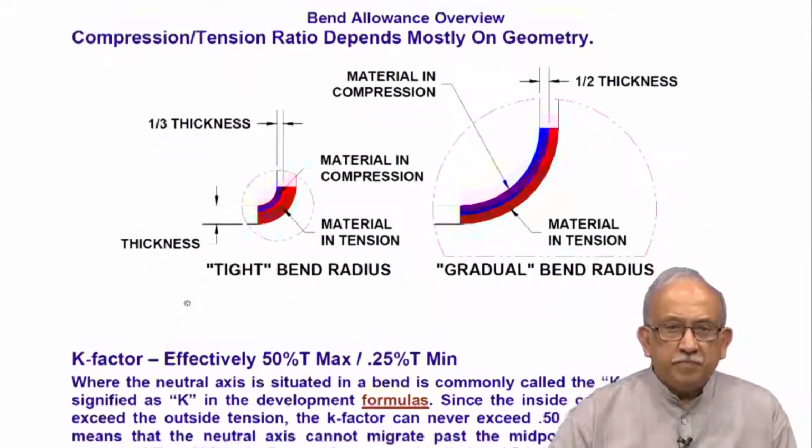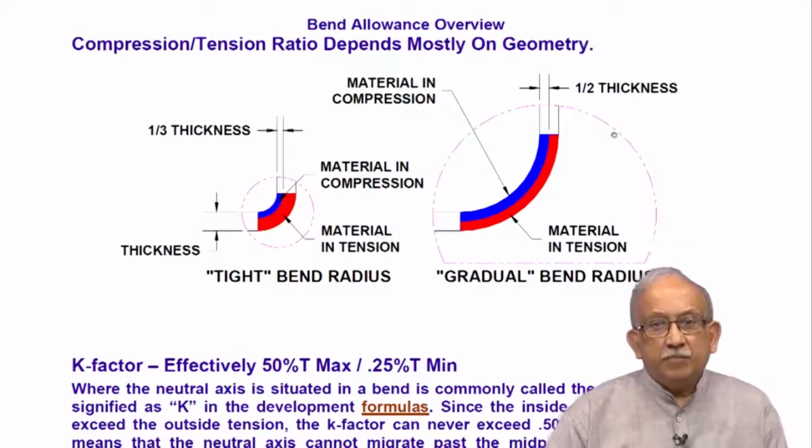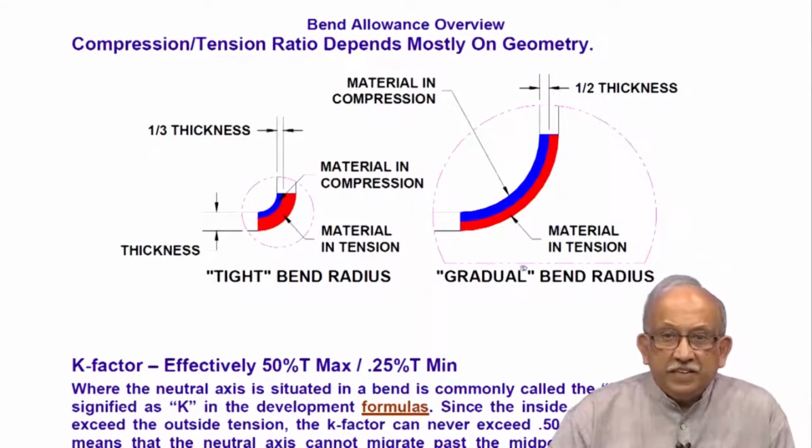So, if you go up, the compression to tension ratio depends mostly on geometry. When there is a smooth radius, in plumbing we call it a long elbow.